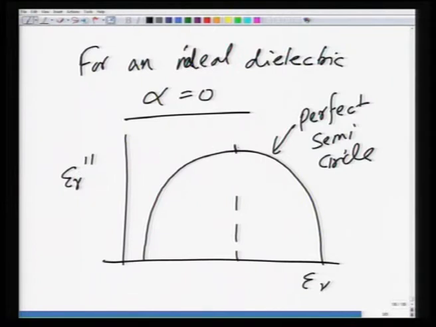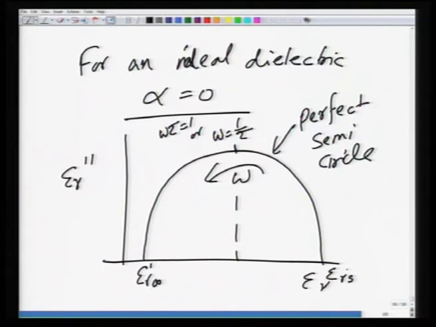This corresponds to maxima in epsilon r double prime, and this happens at omega equal to 1 by tau, or where omega tau is equal to 1, as the frequency is changing. So, this is your epsilon r s, and this is your epsilon r infinity.